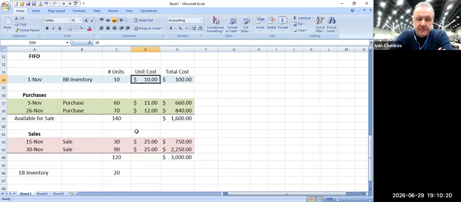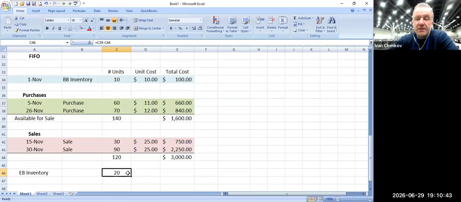The other question is, is it possible in those 20 units that are left, to have units from the purchase from November 5th? Why?